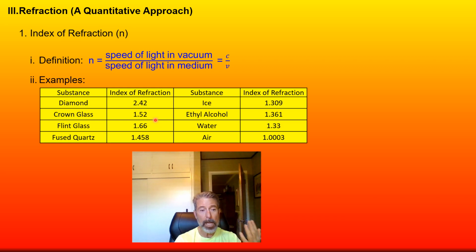When it travels through glass, and there are different types of glass, the difference between crown glass and flint glass here. And notice how big the index of refraction is for a diamond. It's very large. And that has a lot to do with a phenomenon we'll talk about later today, dispersion, that leads to the brilliance and the reason we pay a lot of money for diamonds.